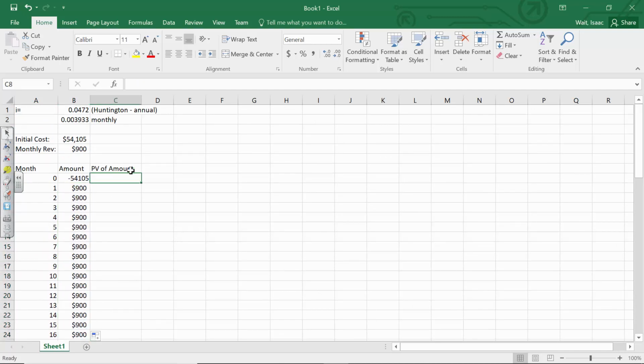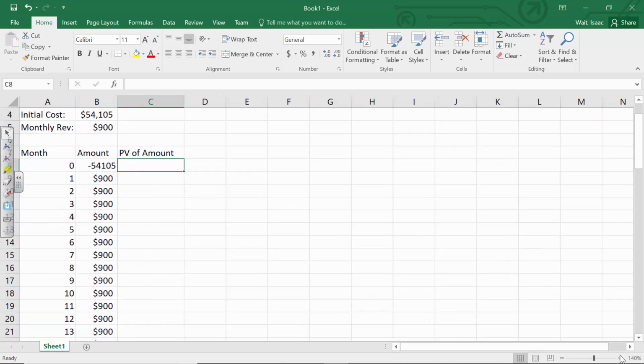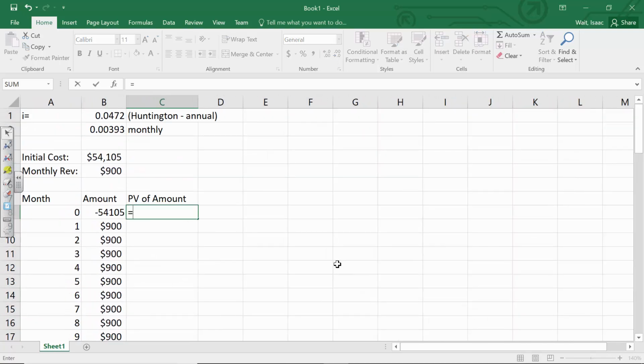The PV function, we haven't used that in a couple of class periods, so as a reminder, the way that we do the PV function is equals PV. We refer to the interest rate per period, so it's going to be the monthly interest rate. I need to anchor the reference with the dollar signs, otherwise when I drag downward it's going to look in the wrong spot. The N number of periods that it's discounting is just whatever month we're on. We skip over the payment field because we're not treating each of these like recurring payments for N periods.